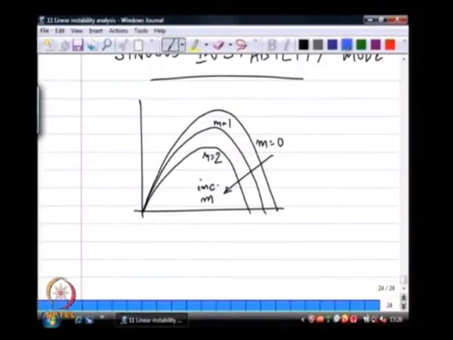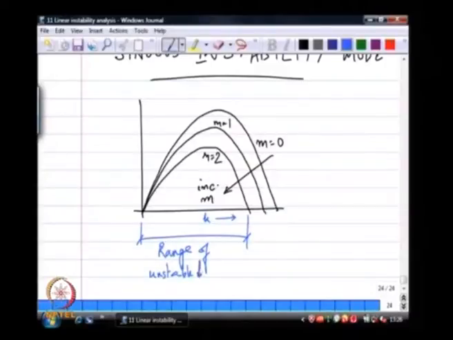So, not only is the range of unstable wave numbers, so, what I am marking here is the range of unstable wave numbers for m equal to 2, and you can see that the range of unstable wave numbers is decreasing with increasing m.